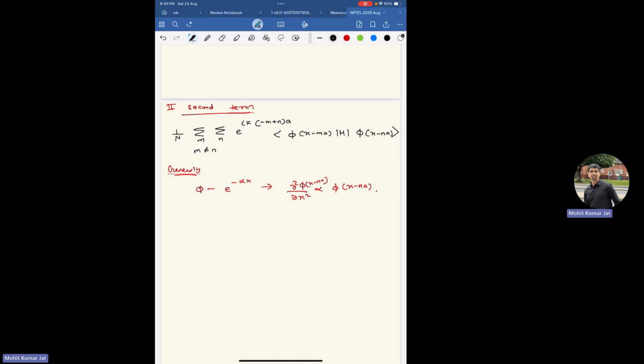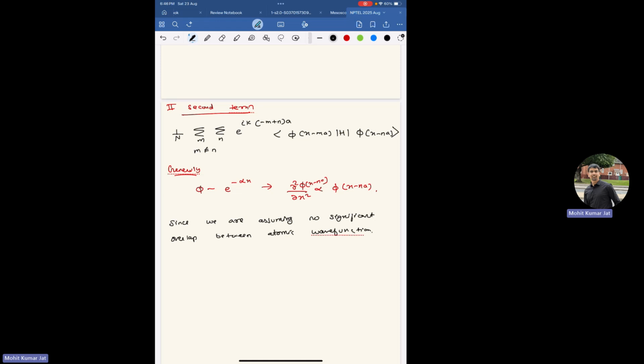And since we are assuming that there is no significant overlap between the adjacent atomic wave functions, it is similar to what we did for the normalization.